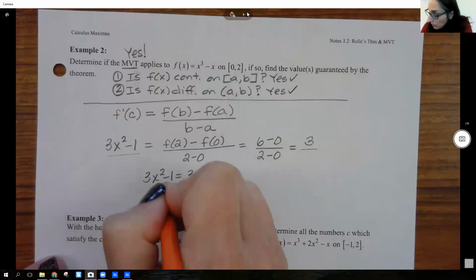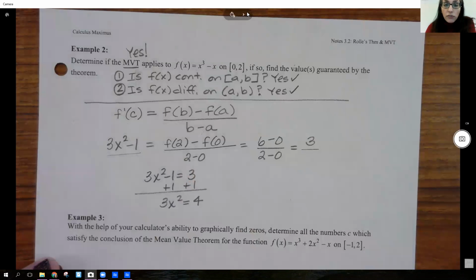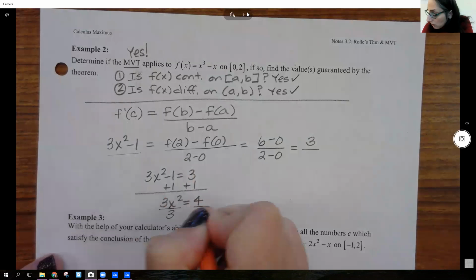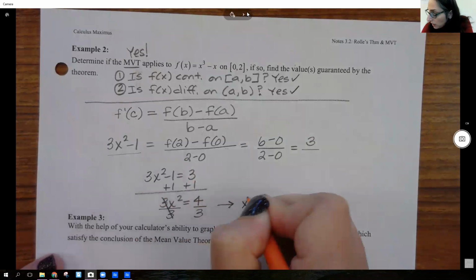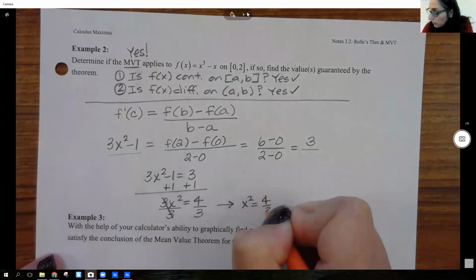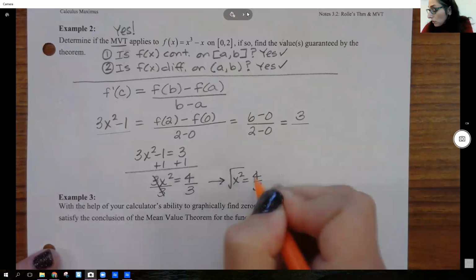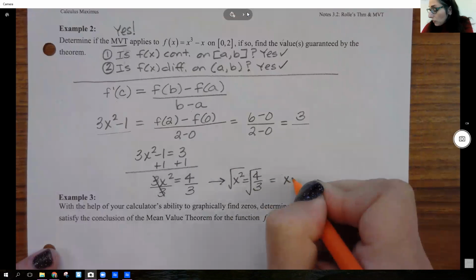I think I'll just add 1. So 3x squared equals 4. We need to solve this for x. Divide by 3. So x squared equals 4/3. Take the square root, and x equals.